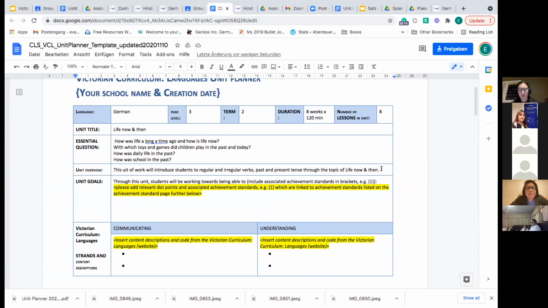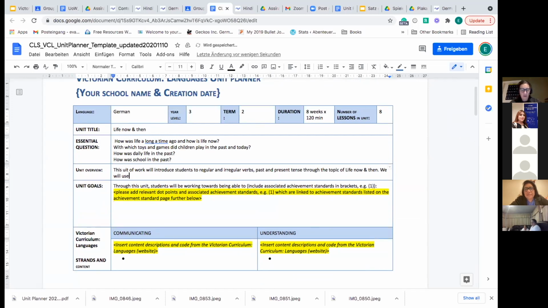And we will do that through activities. For example, what will we do? In investigative writing activities, for example, we could do a survey of different games and toys the parents and grandparents used when they were children.